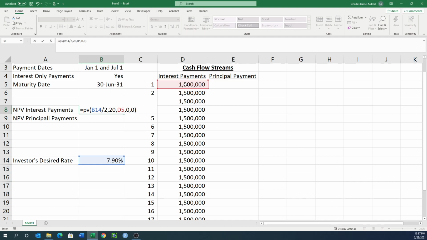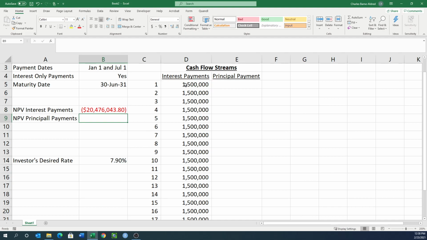Then we hit the end parenthesis. So this is going to give me the present value of this $1.5 million times 20 periods, given that the investors want a return of 7.9%. And it tells us that the present value of that stream is $20 million, right?